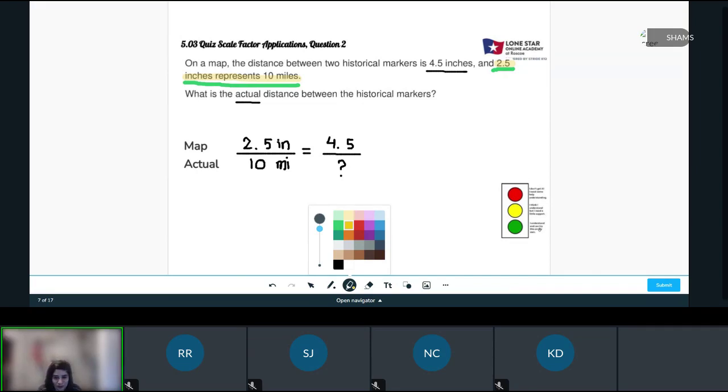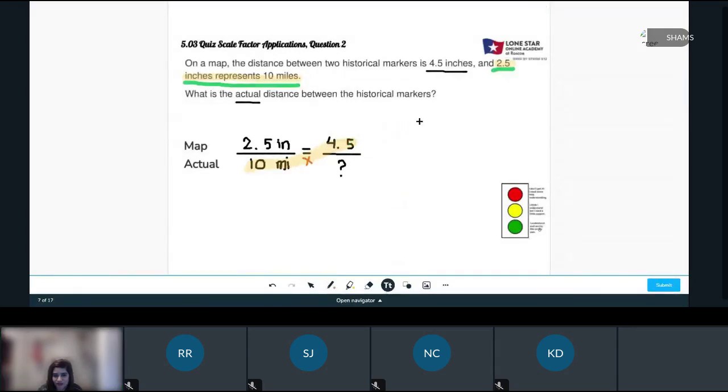So let's see. One easy way to resolve this problem is to do cross product. Multiply the two cross numbers, right? 4.5 times 10. See? They make an X, they kind of make a diagonal. You can multiply them.